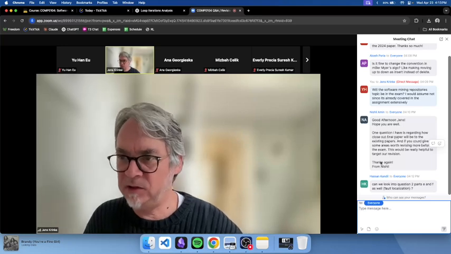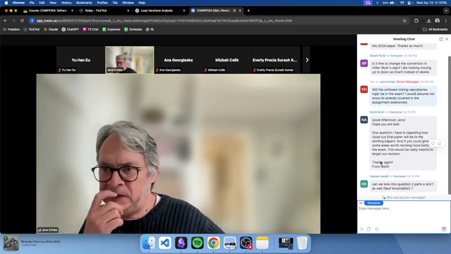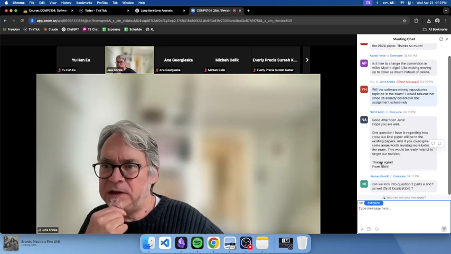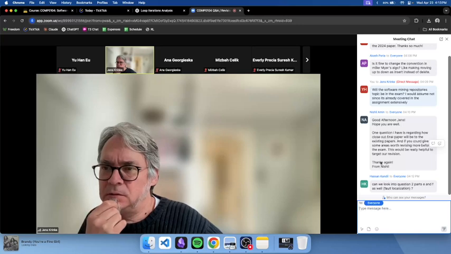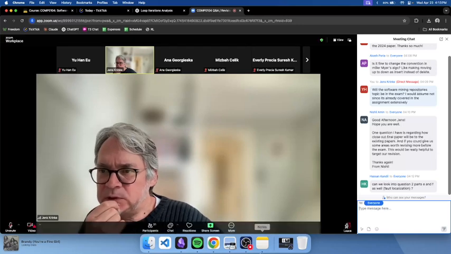Now, is it fine to change the convention in the Miller-Myers algorithm, like making moving up to down an insert instead of a delete? I don't understand that question.